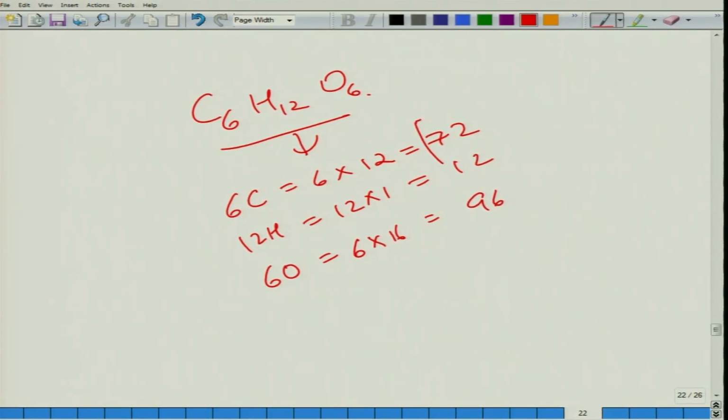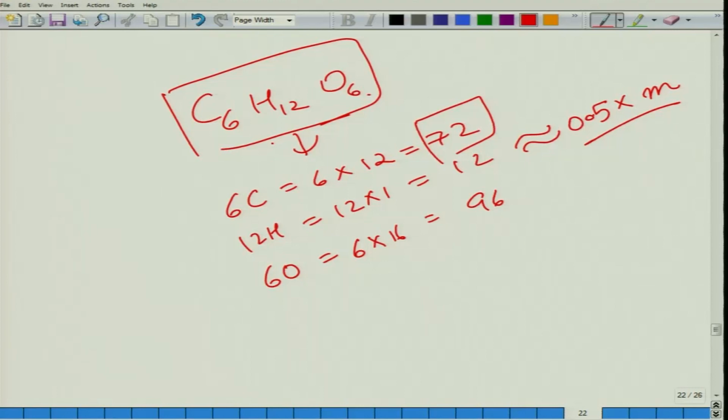So essentially the amount of carbon that is there in this biomass is roughly 0.5 times the mass of this sugar. By using the volume of the crown and the mass of the crown, we can calculate the amount of carbon that is there in the crown, which is an indication of the carbon sequestration that this tree is doing. So, that is all for today.